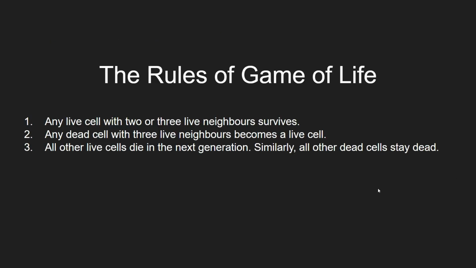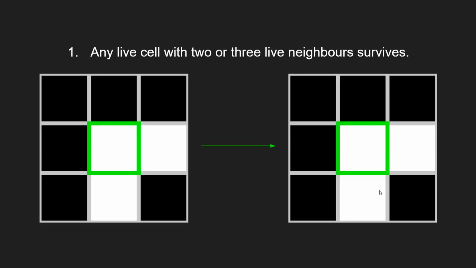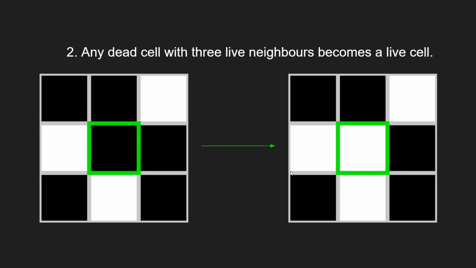The rules of Game of Life. Game of Life has 3 basic rules. The first one is: any alive cell with 2 or 3 live neighbors will survive, such as this state. The point in the middle has 2 alive neighbors, so it will move on to the next state as it is before.